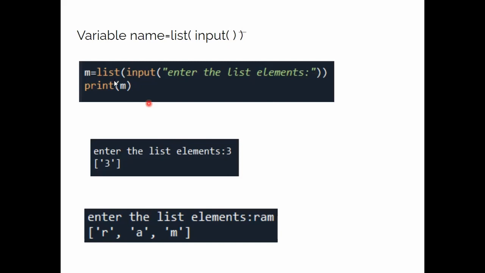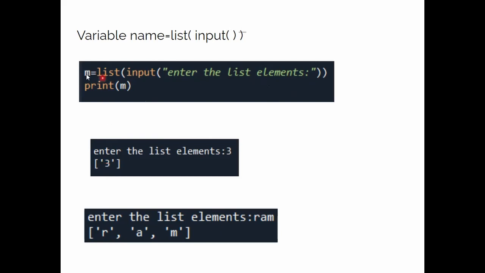So after the execution of this command, m is equal to list input, enter the list element, the cursor will come here. If you enter the value, for example 1, that 1 will be treated as a string. After the execution, we will get the message enter the list element, and the cursor will wait here for you to enter the value. Suppose here I enter the value 3. This 3 will not be treated as an integer, it will be treated as a string.